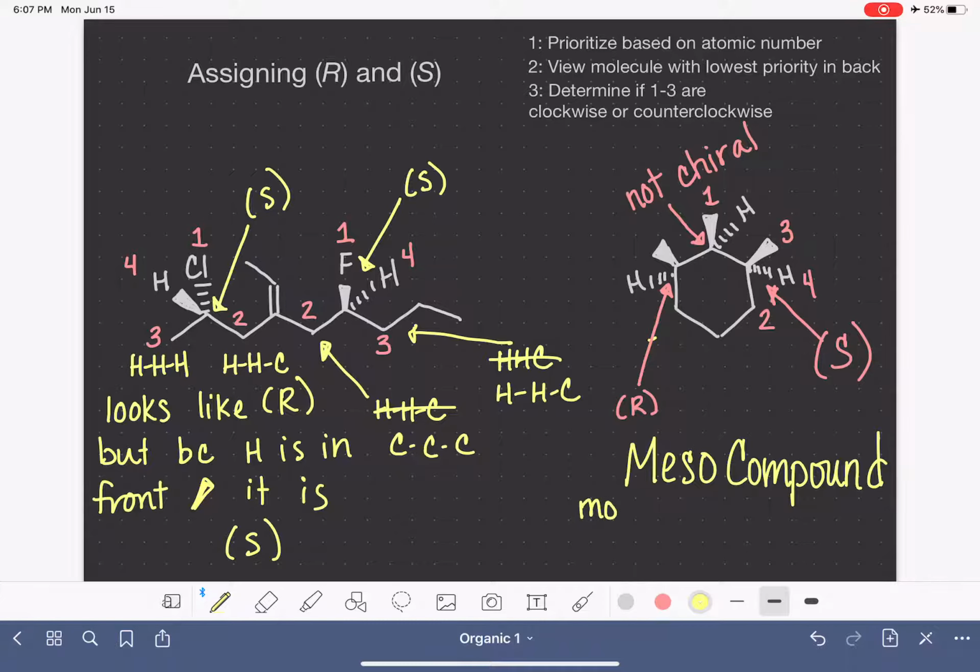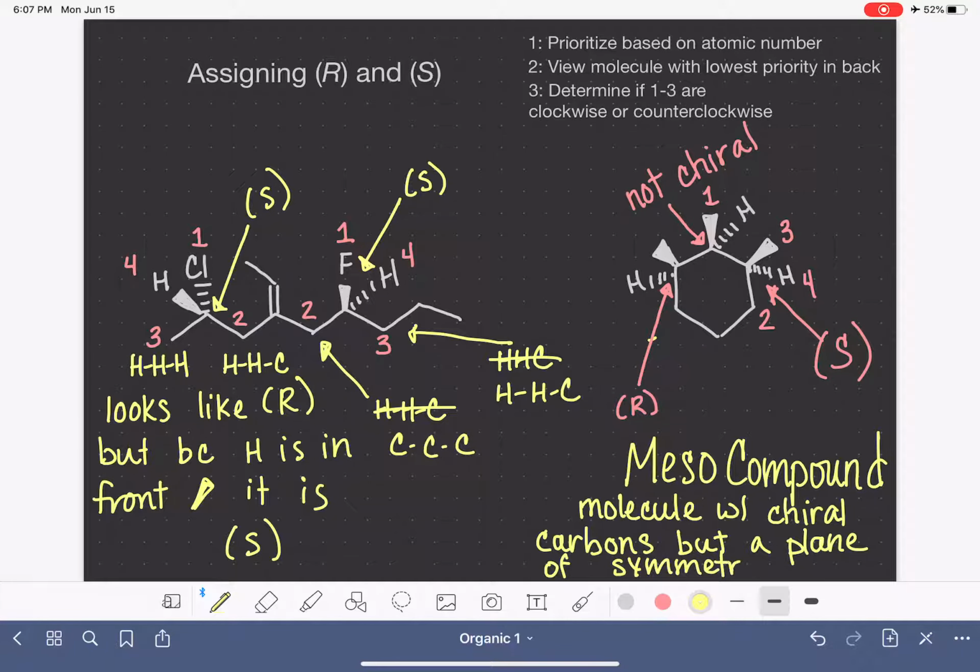So a meso compound is a molecule with chiral carbons but also has a plane of symmetry. And that plane of symmetry makes the molecule achiral, even though it contains chiral centers within it.